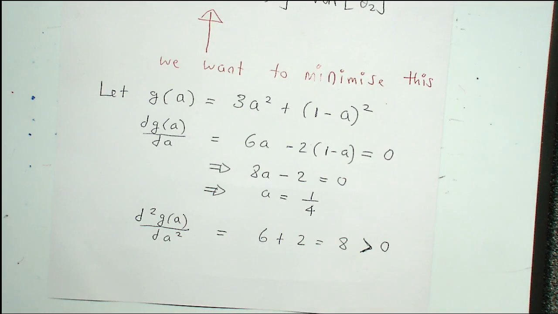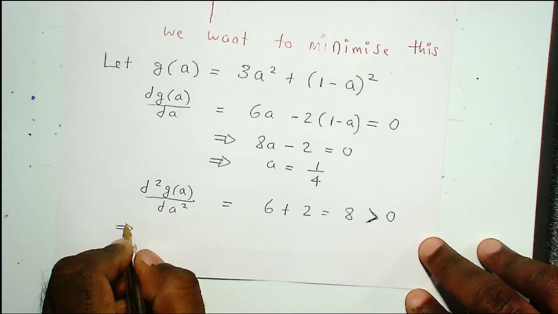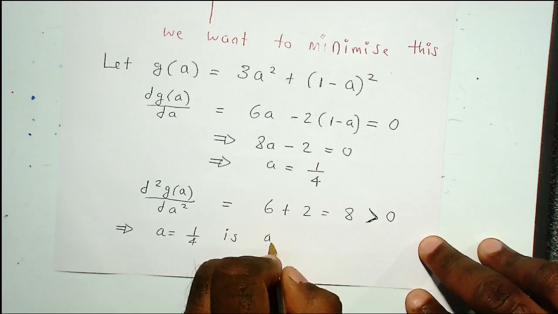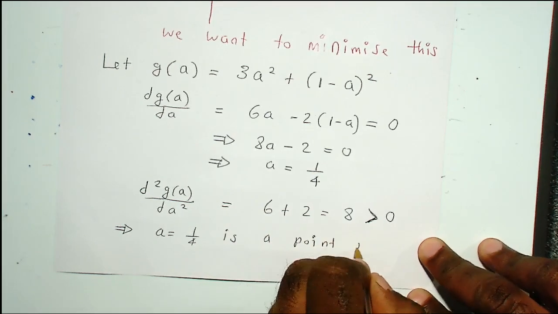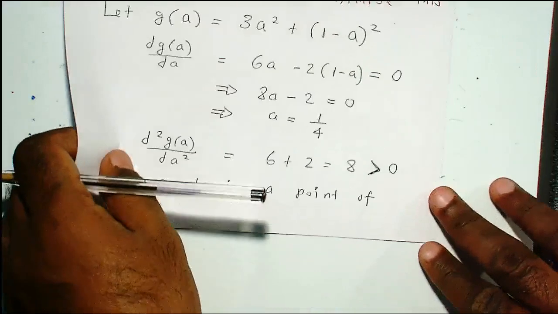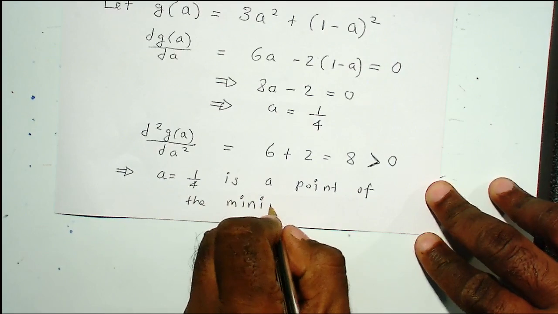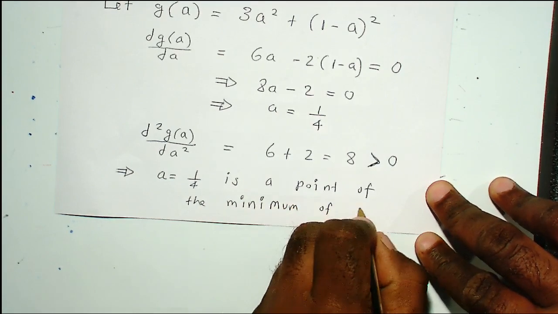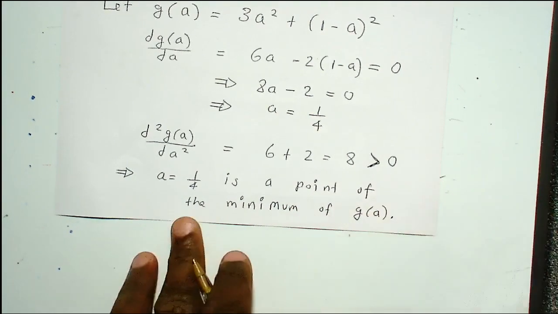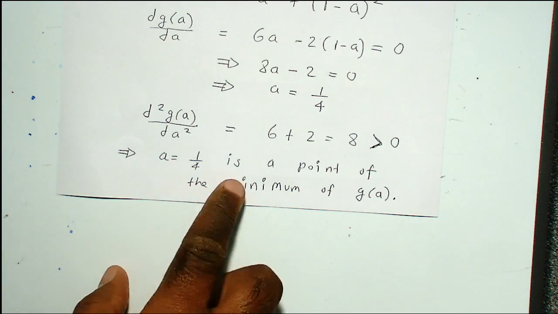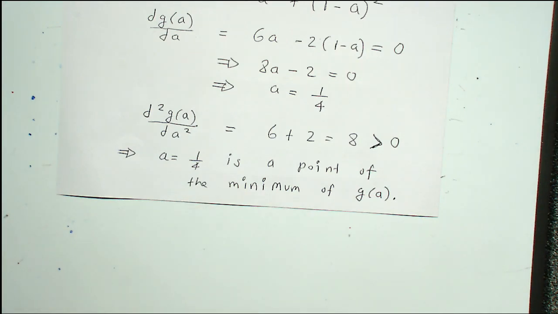So since the second order derivative is positive, we can say that A equal to a quarter is a point of minimum of the function g, right?